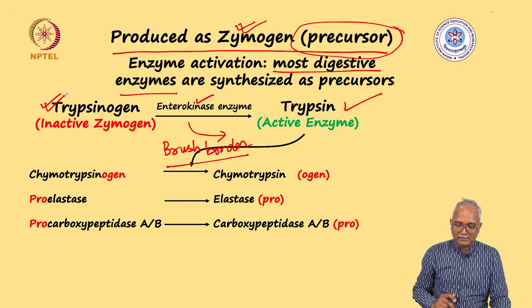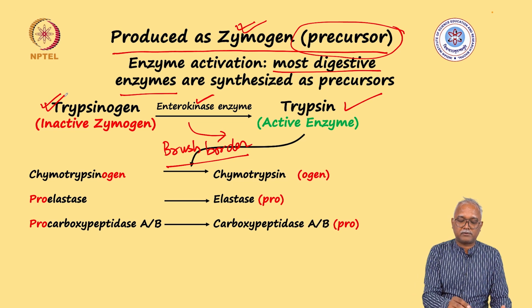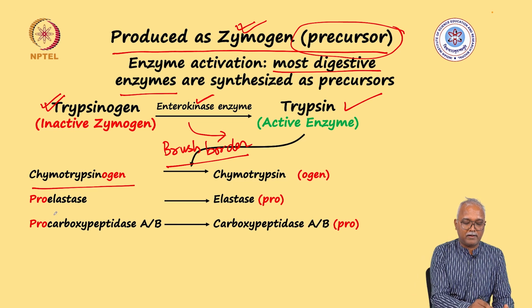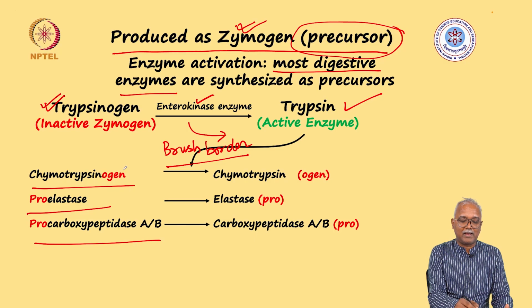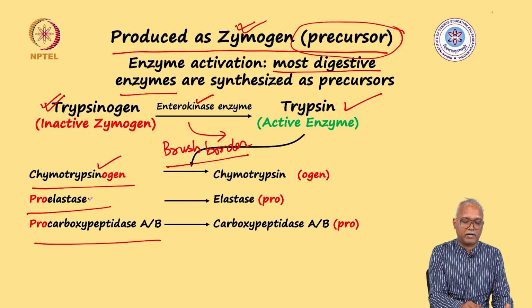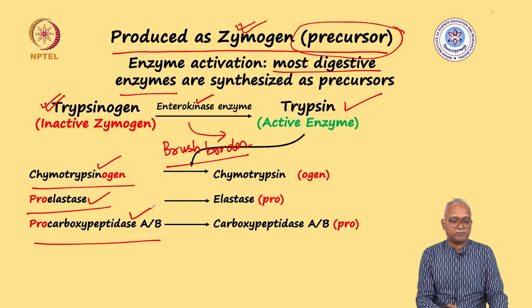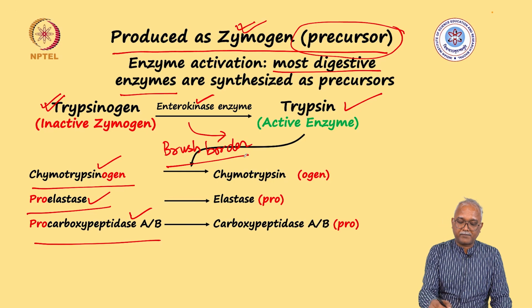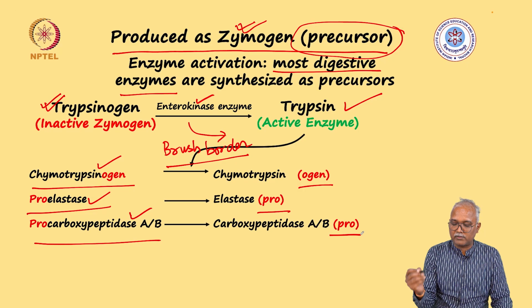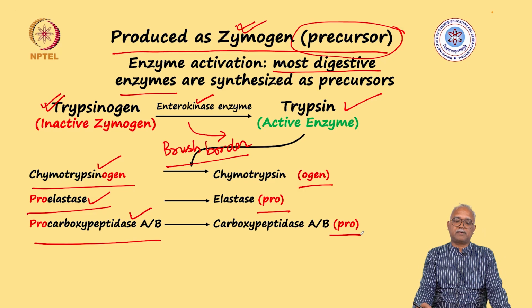Several of the enzymes which help in the digestion of proteins, different classes of enzymes, are produced as zymogens or inactive precursors, whether it is pro-elastase, pro-carboxypeptidase or chymotrypsinogen. Trypsin works on all of them and removes the component which was making these molecules inactive.